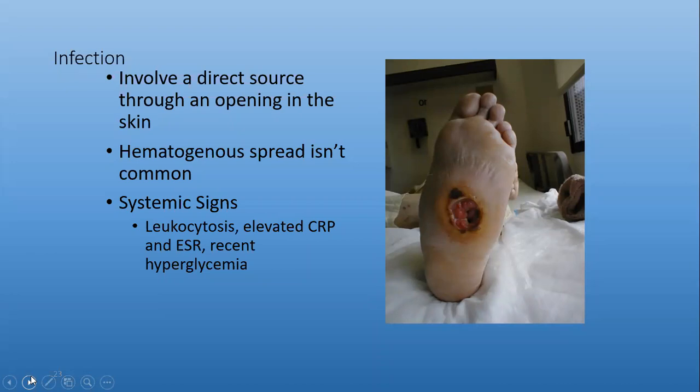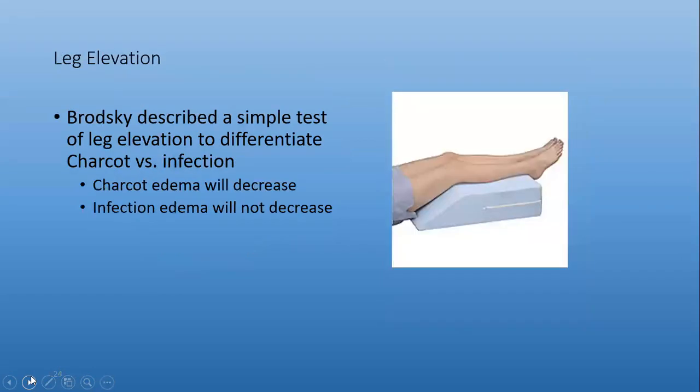Obviously, abscesses that can occur with these patients lead to sepsis or further infection and systemic signs of infection. But a lot of these patients do have just a localized Charcot and a localized wound and osteo.